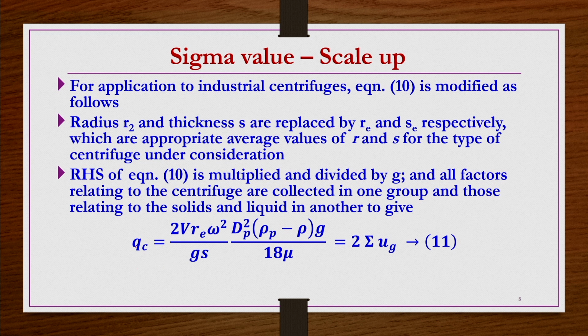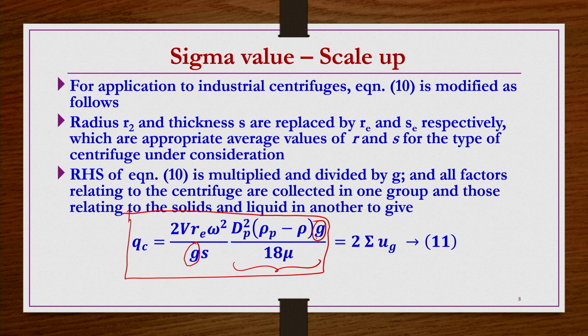this equation, which is the equation number 10 that we have derived just now. We are simply dividing and multiplying by g in the RHS, and whatever particle, solid and liquid properties are there, viscosity, particle density, liquid density, particle size, we write as one group.